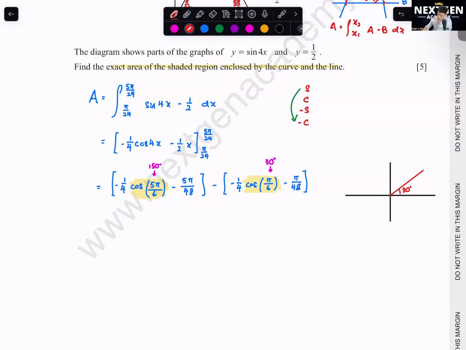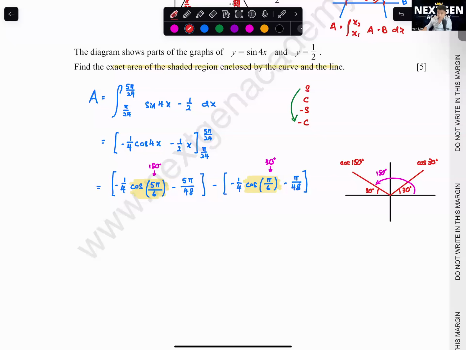The other one will be over here. This is also 30 degrees. Why 30 degrees? Because it's in the second quadrant, 150 degrees. So we want to find cos 30 degrees and cos 150 degrees.